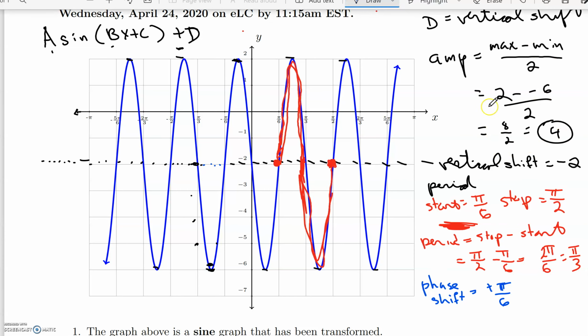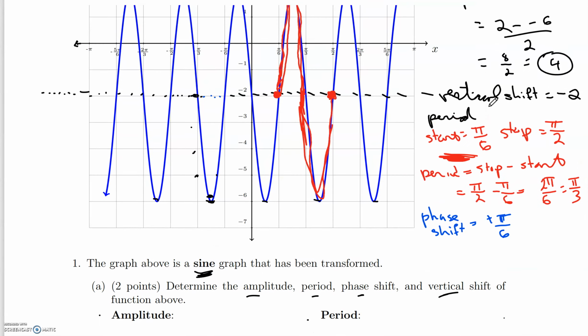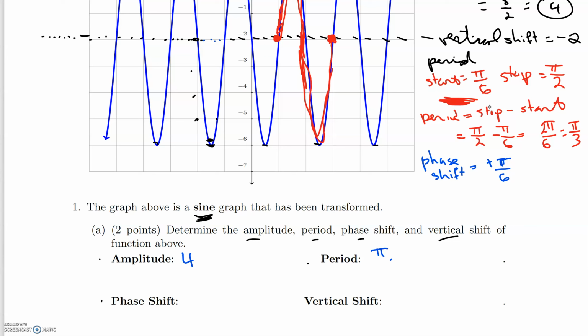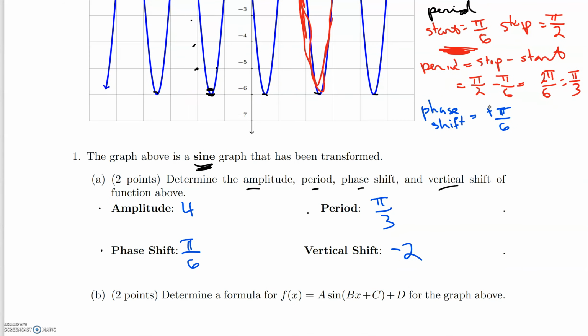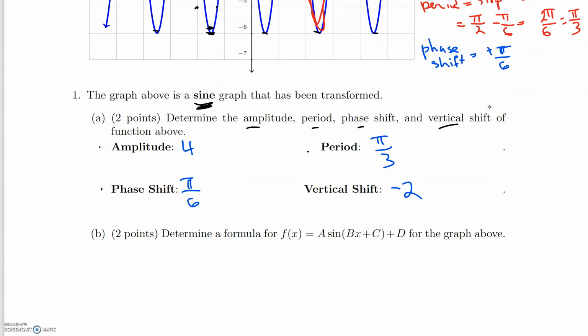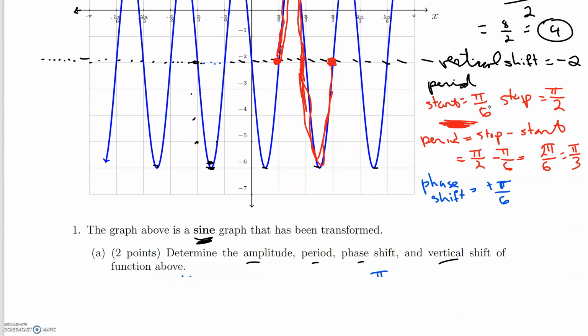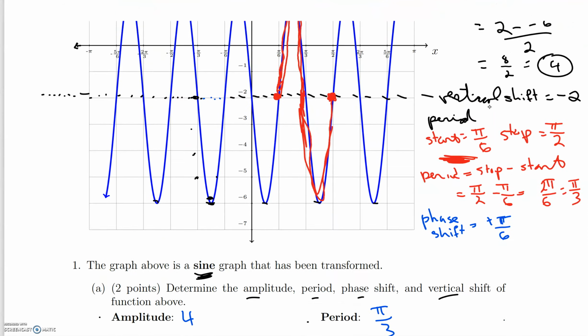Okay, so we have our amplitude. Let's write it all down here. Our amplitude is 4. Our period is pi over 3. Our phase shift is pi over 6. And our vertical shift was -2. Okay, so now we're going to use the formulas. So the amplitude equals the absolute value of A. In this case, you can see that we do not have a reflection.